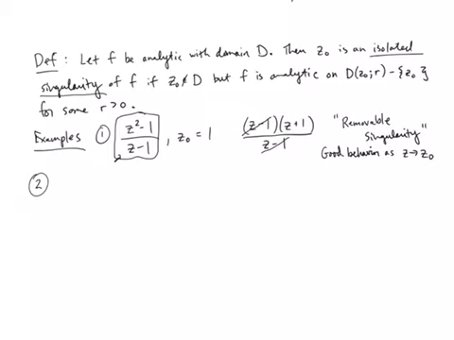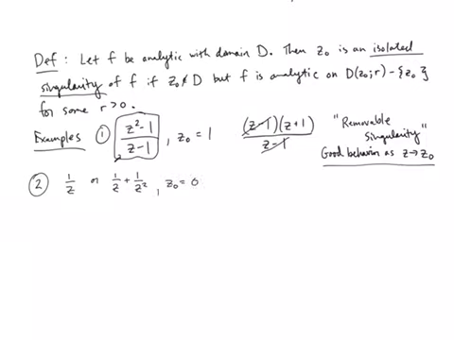Broadly speaking, you have good behavior as you approach the so-called singular point. Case 2 would be examples like 1 over z, or 1 over z plus 1 over z squared, something like that, at z0 equals 0.